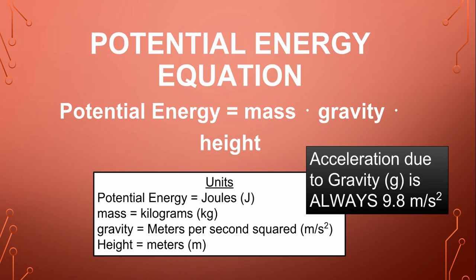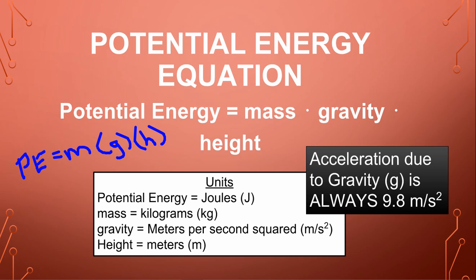The potential energy equation is that potential energy equals mass times gravity times height. Our symbol PE stands for potential energy, and all energy units is joules. Mass is in kilograms.